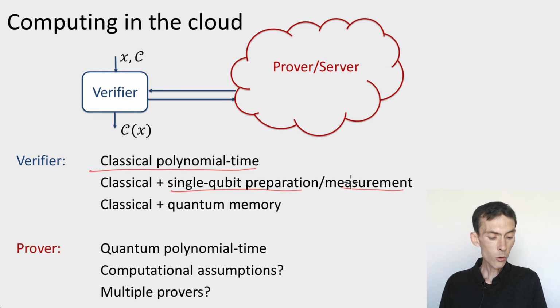Asking a little bit more, we could ask this verifier to have a large quantum memory, but a memory on which it cannot perform arbitrary operations, just store qubits for a fixed amount of time. You'll see in the next videos that we'll sometimes make some of these requirements, not always. It's important to keep in mind that whatever abilities we require of the verifier, they should be lower than what is needed in order to execute the circuit that it's delegating.